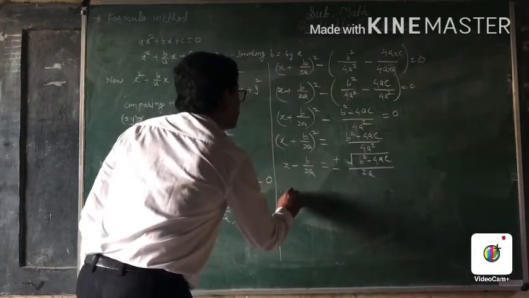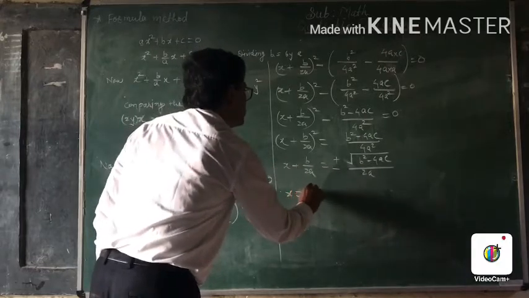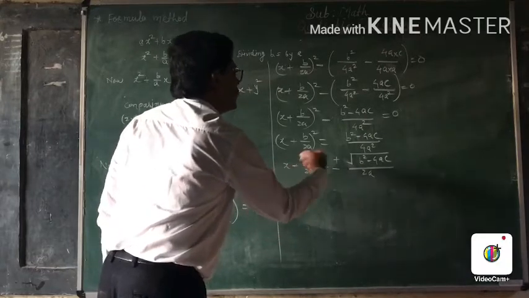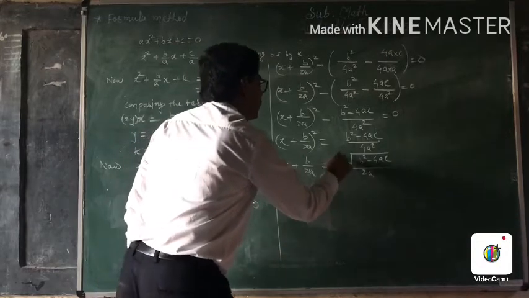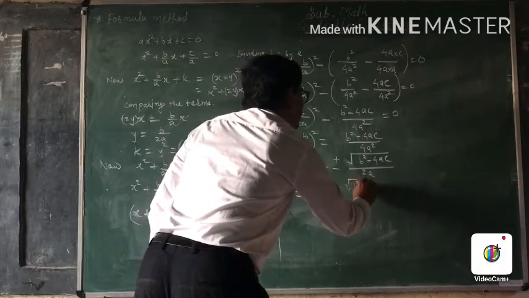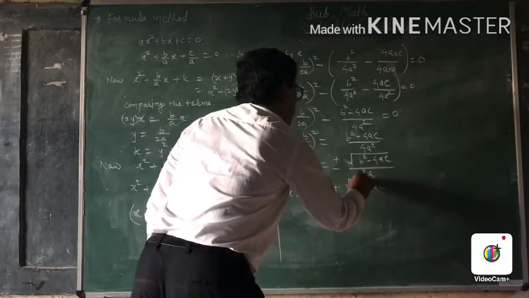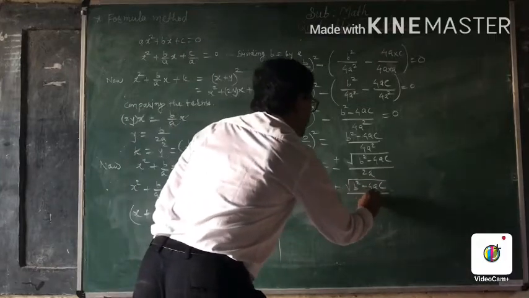Therefore the value of x is equal to, this term goes to the other side, minus b upon 2a, plus minus root b square minus 4ac upon 2a.